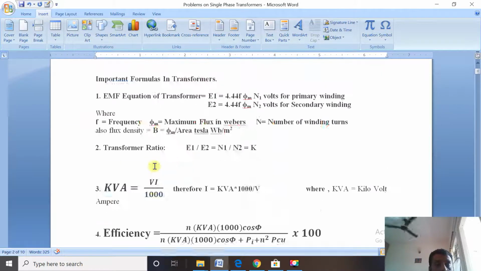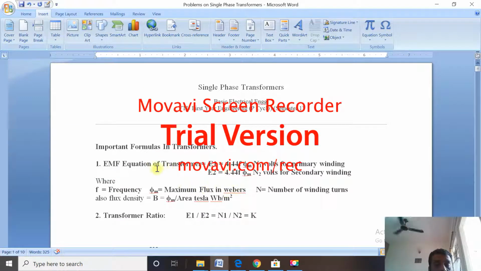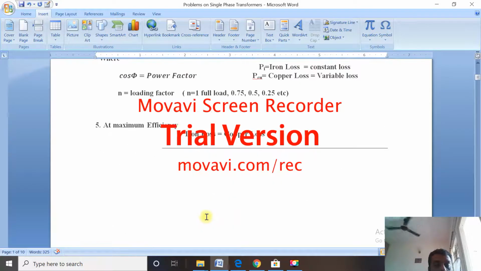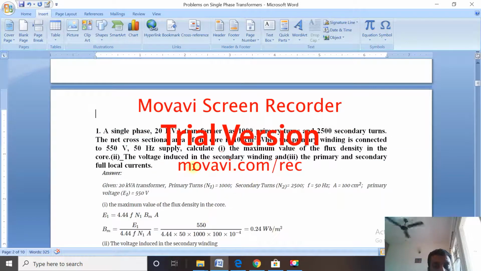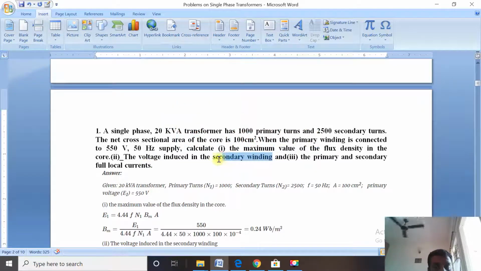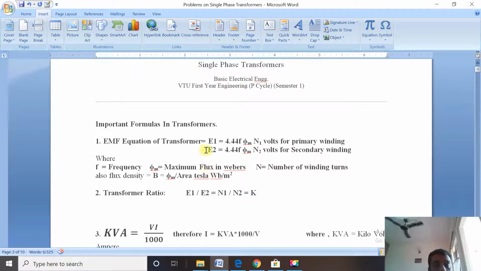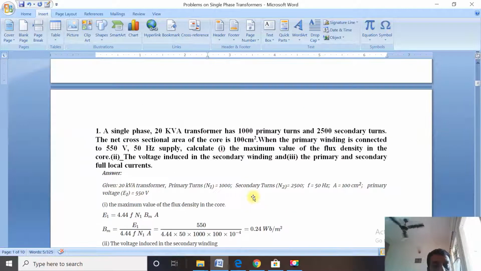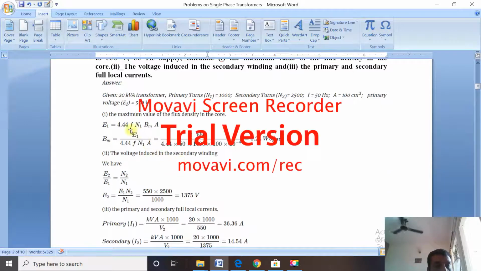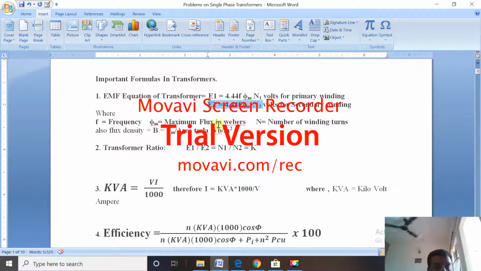Now I'm going to use the first formula, E1 or E2. They're asking you to calculate the voltage induced in the secondary winding, so we are supposed to use this formula: E2 is equal to 4.44 F phi_m N2.